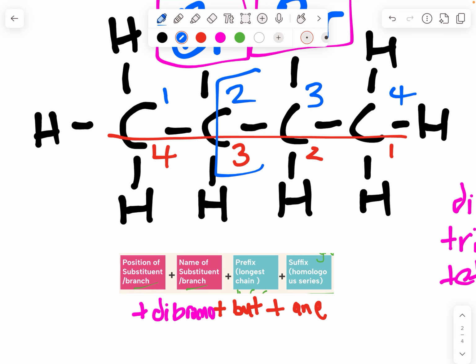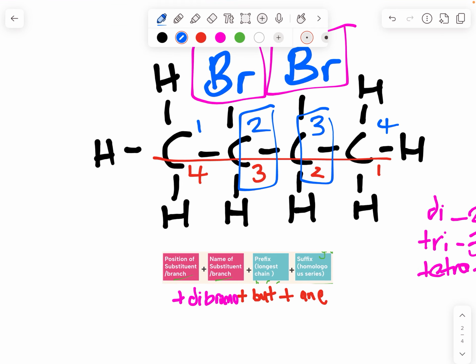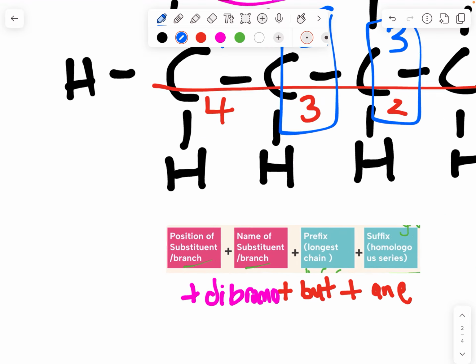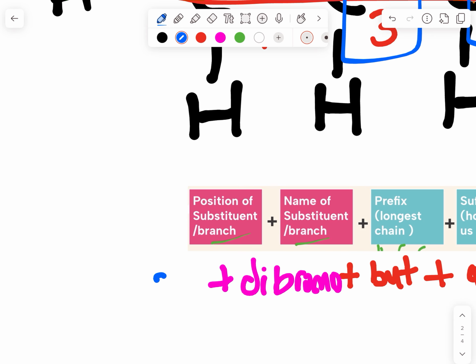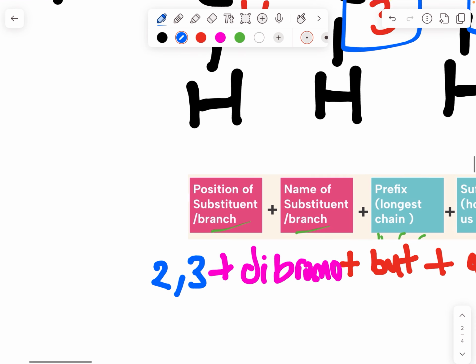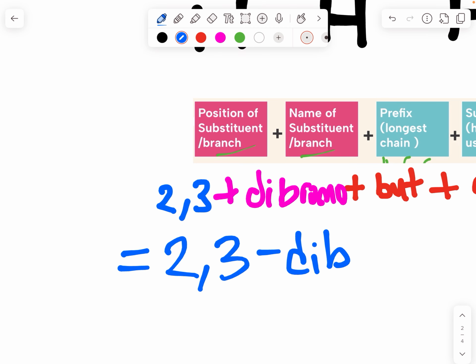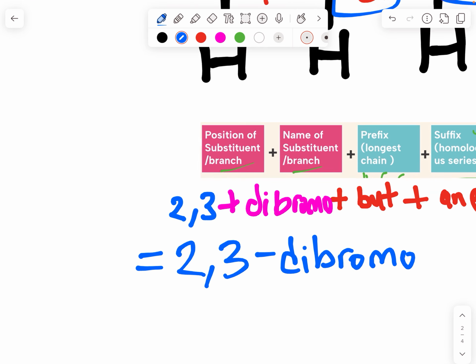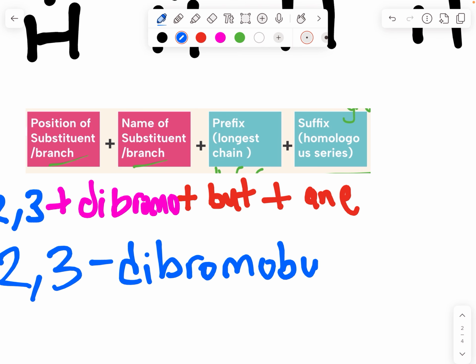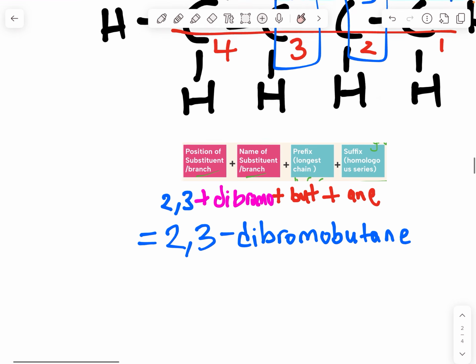So our bromo groups are on these 2, and either way we take it, it's going to be 2, 3. We have to use a comma to show that this is the position for one, this is the position of the other. So the overall name is going to be 2,3-dibromobutane. All right, and we have one last one that we're going to look at.